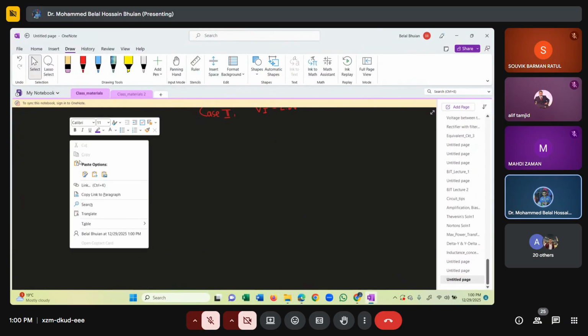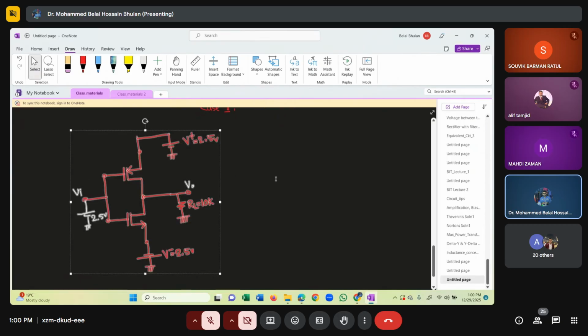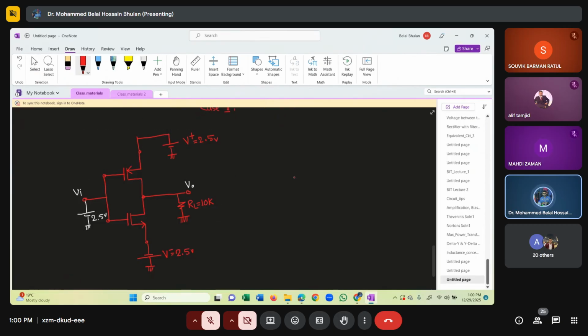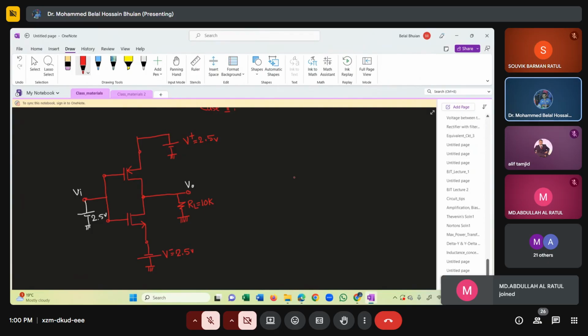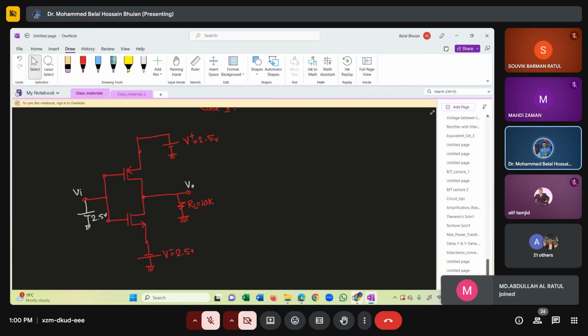So this is what the circuit looks like, with Vi equal to 2.5 volt. Just give me a second, I'll be back.